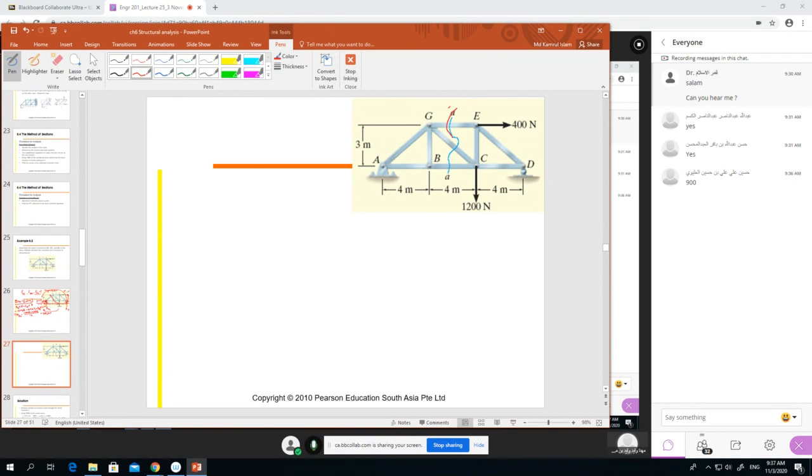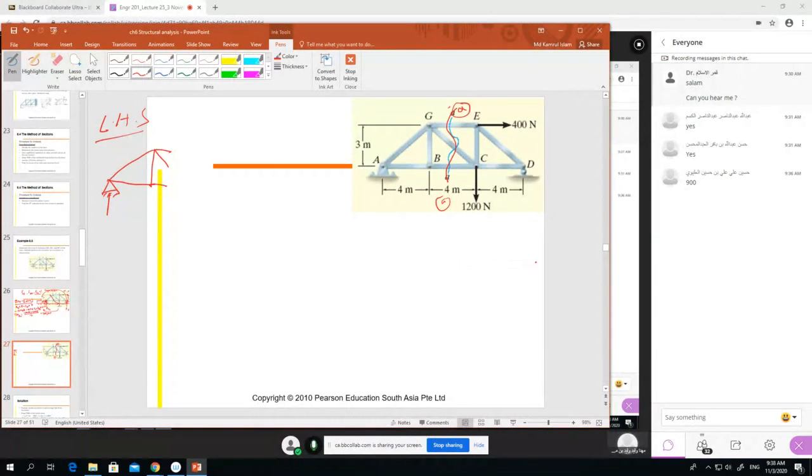If they're already given the section, in the exam it will not be given, so you have to understand. Now if we cut into two parts, one will be the left hand part. If we draw the free body diagram of the left hand side, it will be like this.